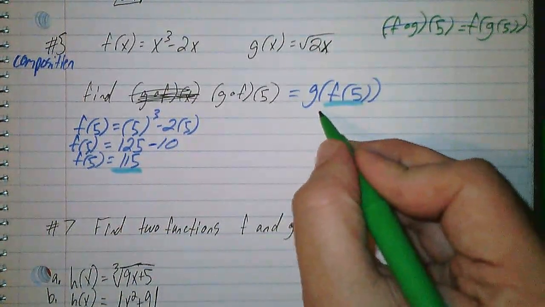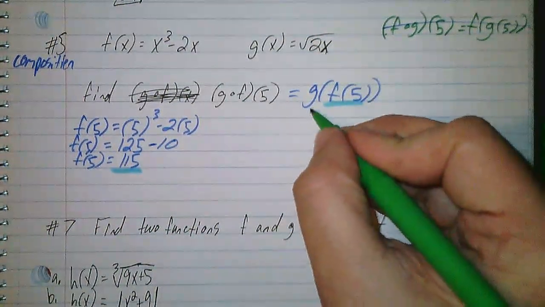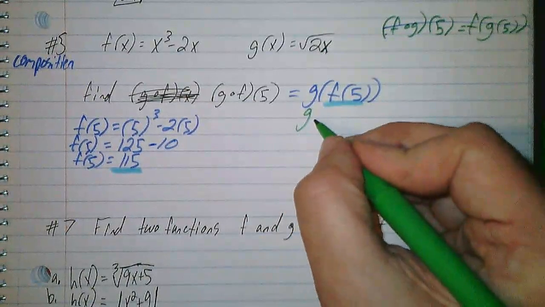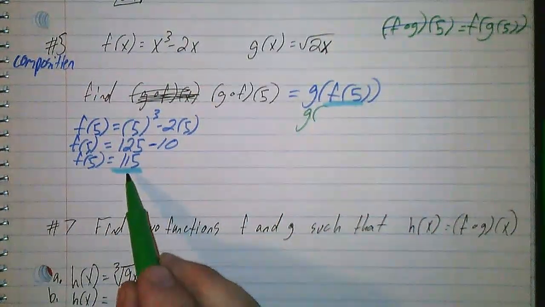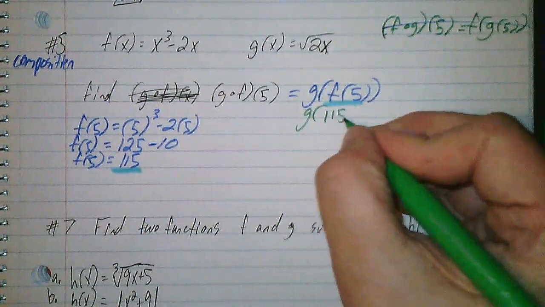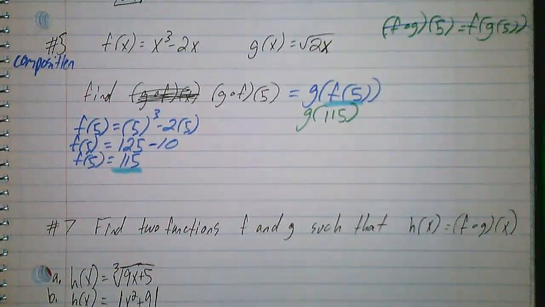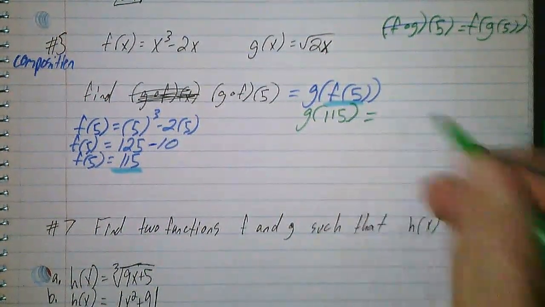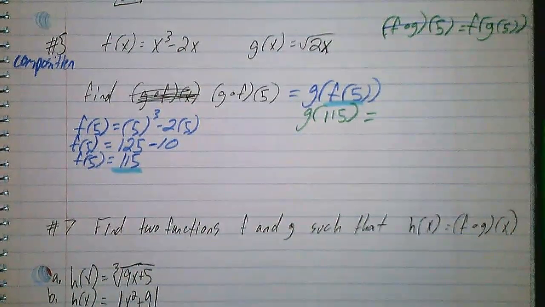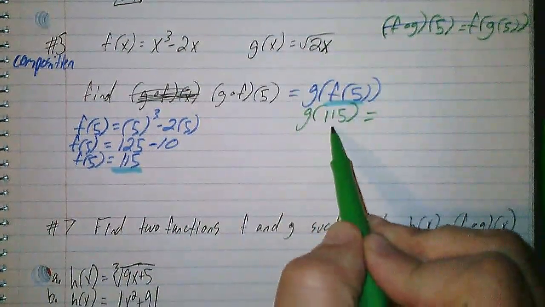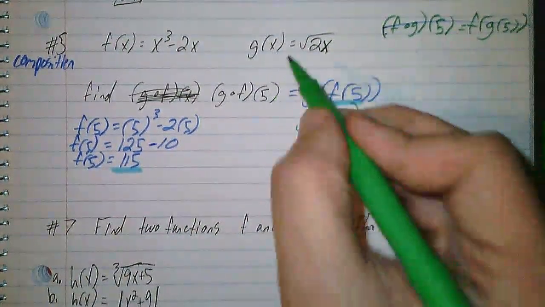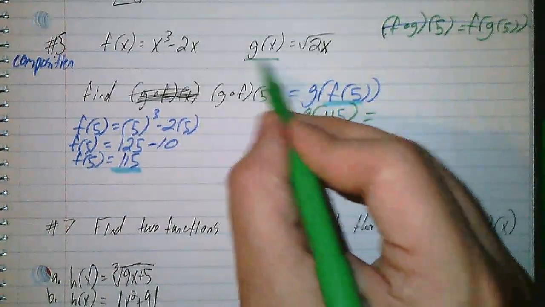So what is this really asking us to find? G of, instead of f of 5, 115. And this will give us the answer. So now we have a value to plug into the g of x function.